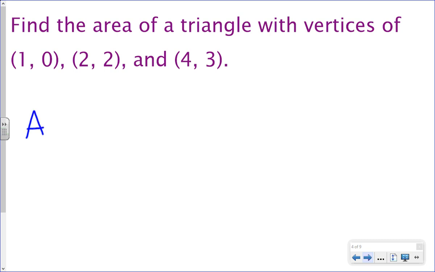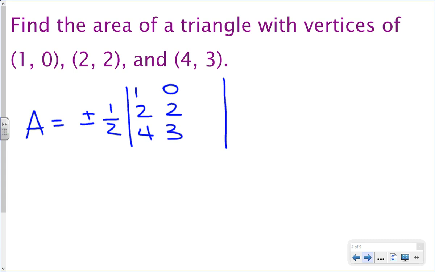So area equals plus or minus 1/2 times the determinant. What we're going to do is put 1, 0, 2, 2, and 4, 3 at the beginning of our rows, and then a column of 1s.